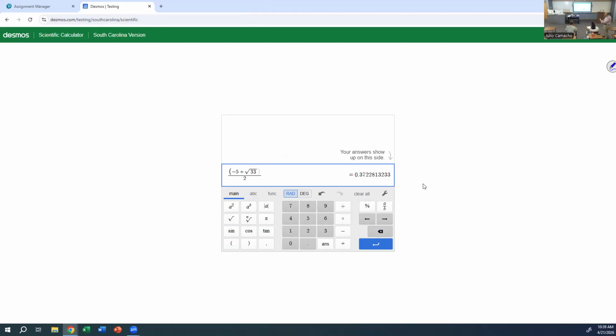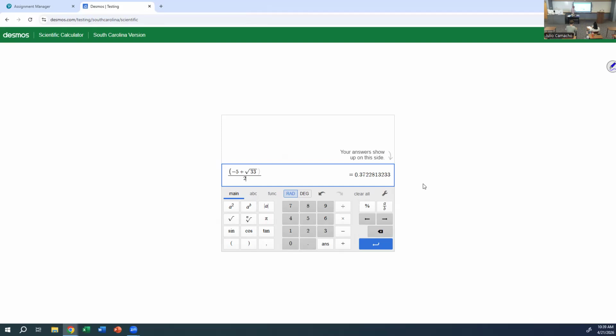The square root... no, try to do it, but use the minus in the bottom. Plus the square root of 33. Close parentheses.